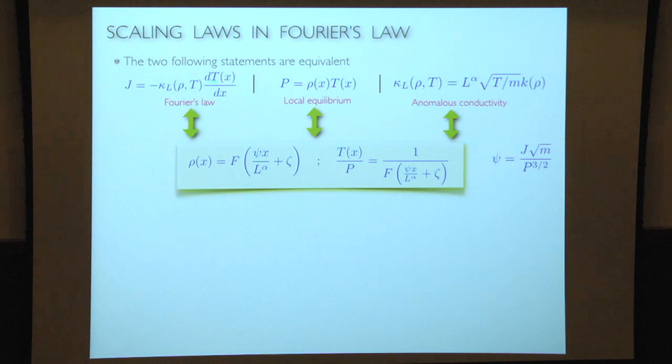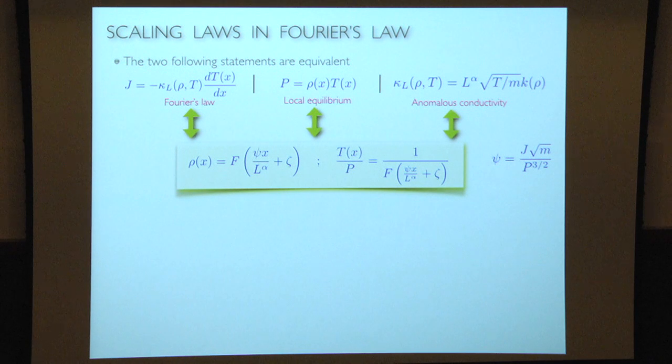The statement is the following. If these three equations hold for my system, then this is completely equivalent to the following scaling laws. Both the density and the temperature over pressure profiles follow from a single universal master curve, f of u. And this function is really universal.